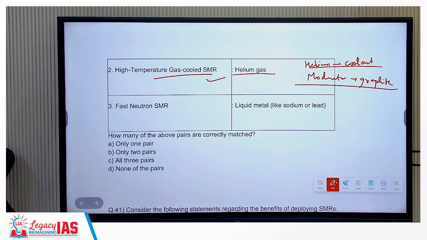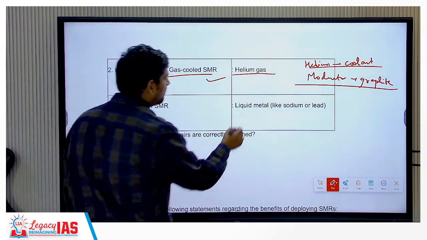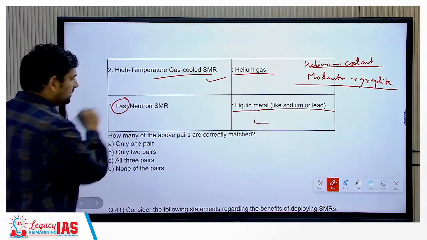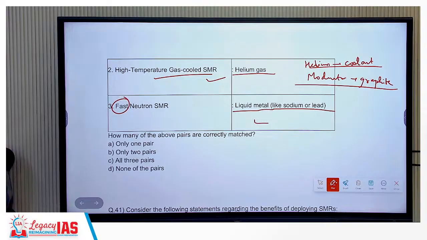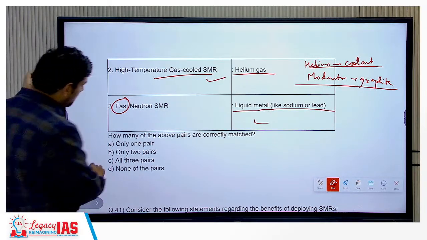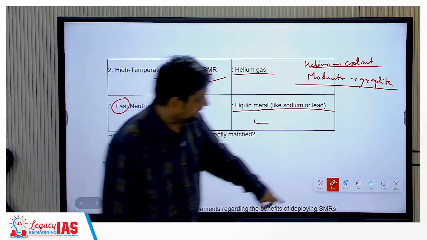Okay, next is fast neutron SMR. Liquid metal like sodium or lead. This is correct. That is why it is fast. Why? Because sodium is only a coolant, not a moderator. So this is correct. That was also correct. Answer becomes all three are correct.